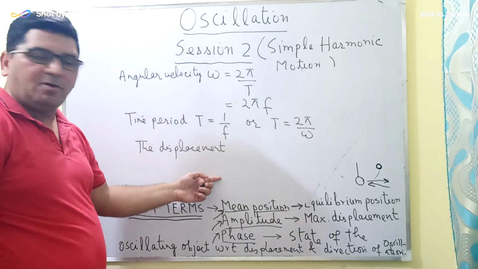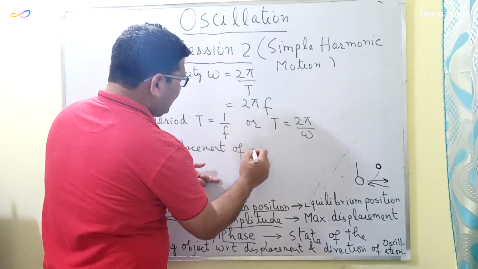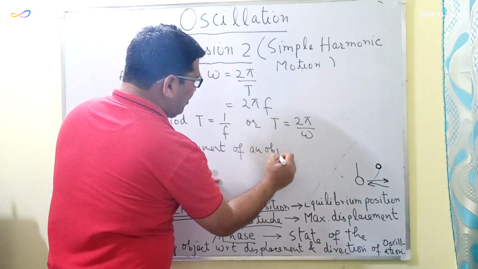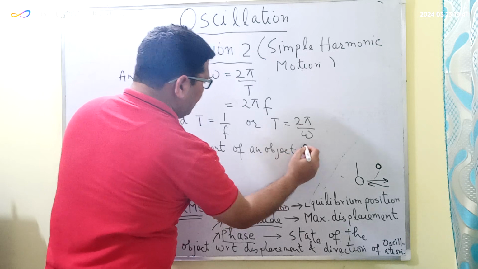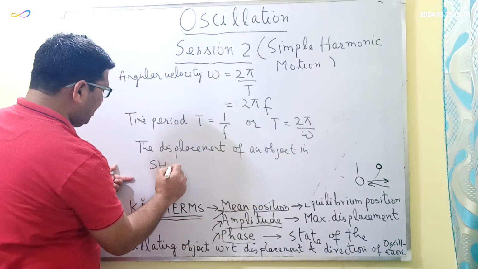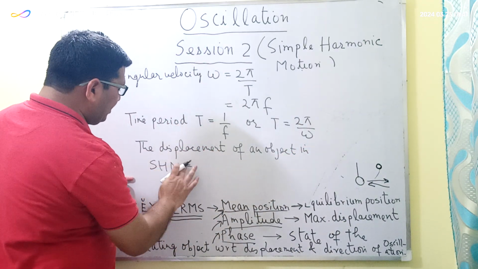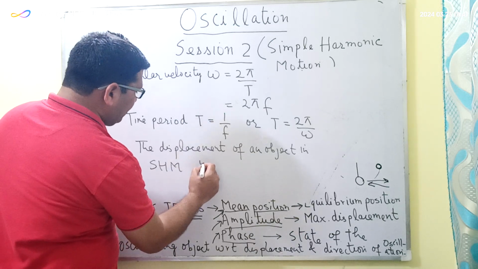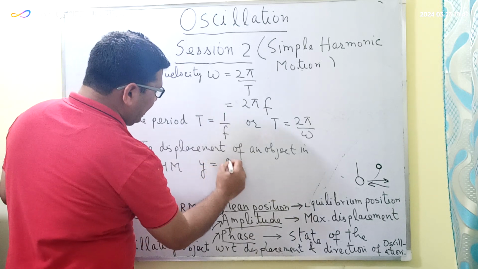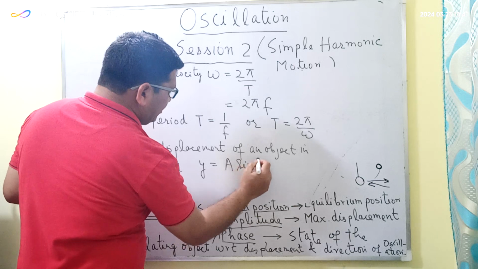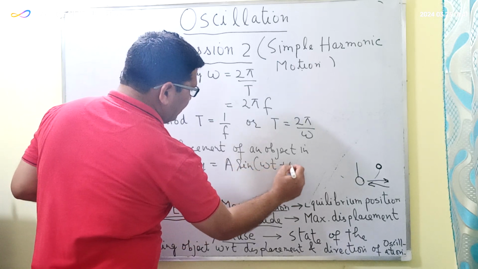The displacement of an object in the case of simple harmonic motion is given by y equals a sine of omega t plus phi.